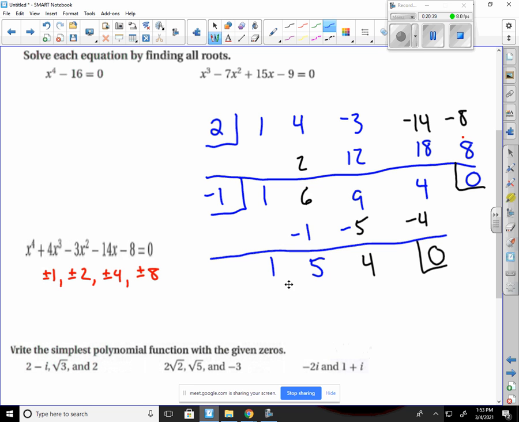Now I can use the quadratic formula on this. There's A, B, and C. Quadratic formula: -b, so that's a -5, plus or minus the square root of b squared, it's 25, minus 4 times 1 times 4. 4 times 1 times 4 is 16, all over 2a, that's 2 times 1.